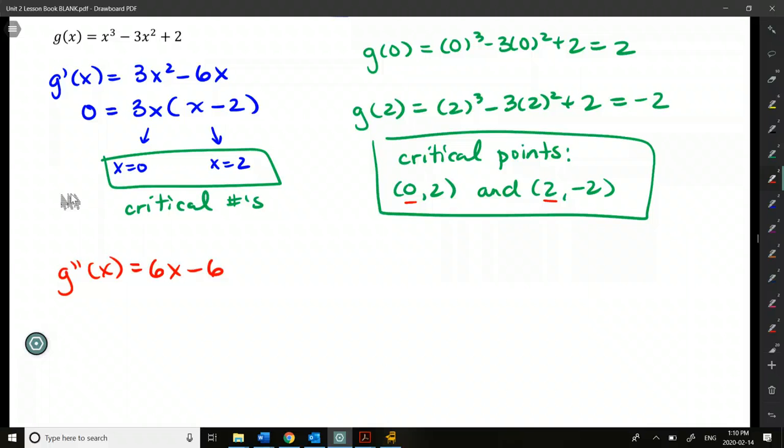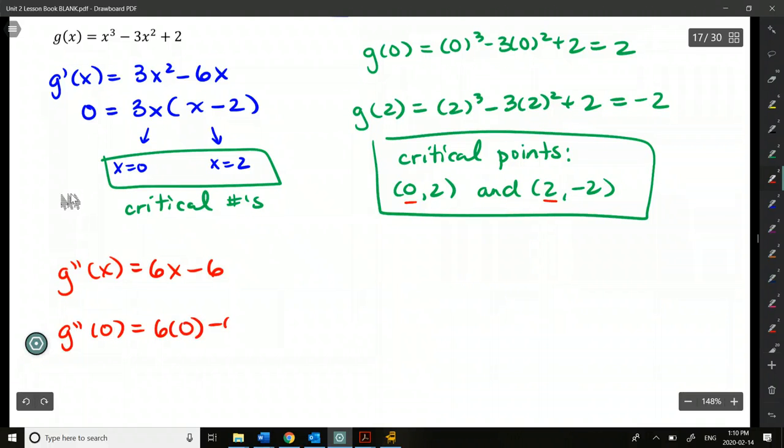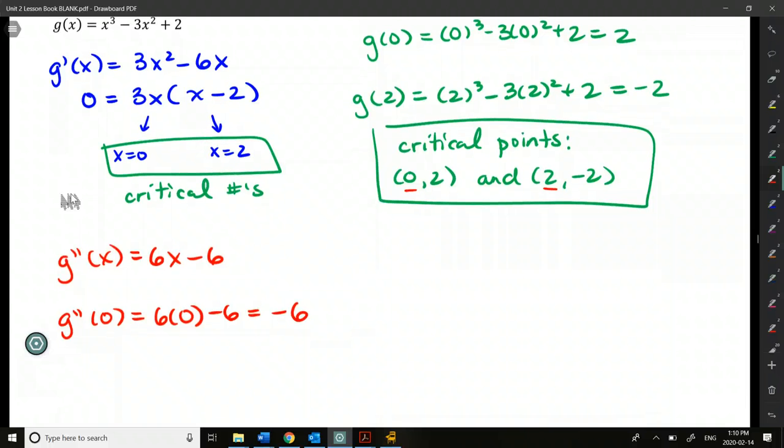If it's equal to 0, the test fails, and we need to go back to the first derivative test. So I'm going to evaluate g prime prime at 0. I'm not so much interested in the number as whether we get positive or negative. So here we get negative 6.